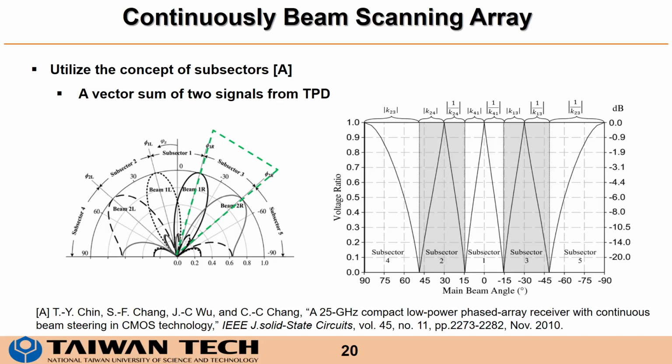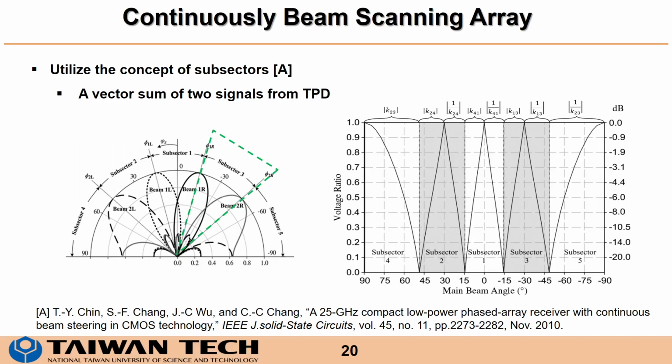Basically a vector sum of two signals from TPD excites the parametric input port, and then we get the output port phase progression of the parametric to excite the antenna array. But with the traditional parametric, we just got four beam directions. This is not good enough for commercial applications.